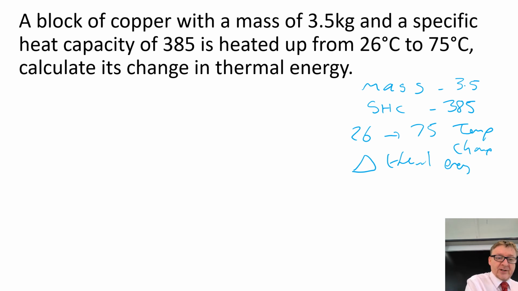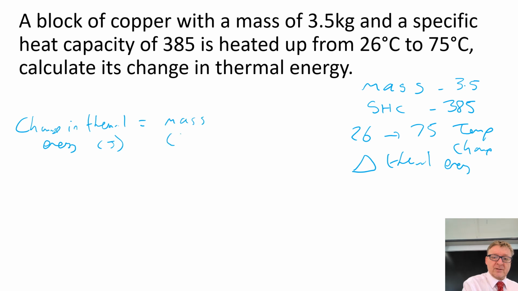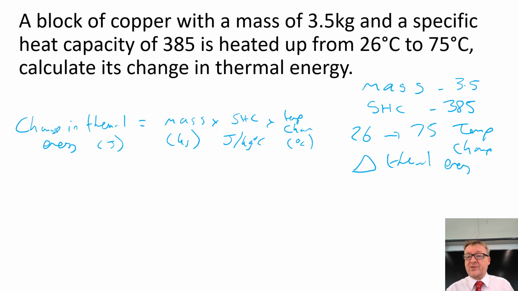Change in thermal energy, in joules, equals mass in kg times specific heat capacity in joules per kilogram degree C multiplied by temperature change in degrees C, because it's still temperature, it's just a change of temperature.